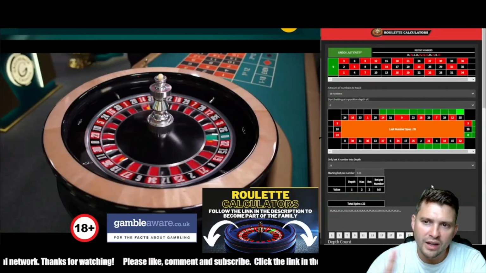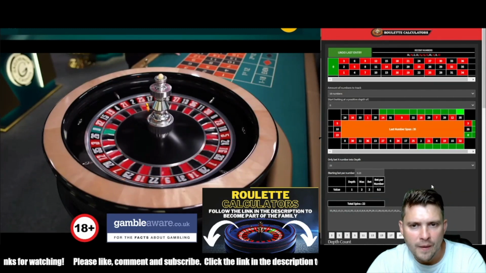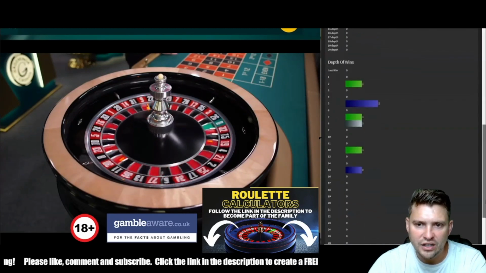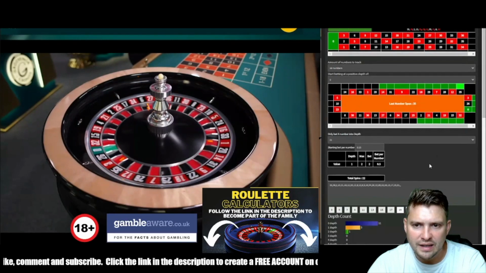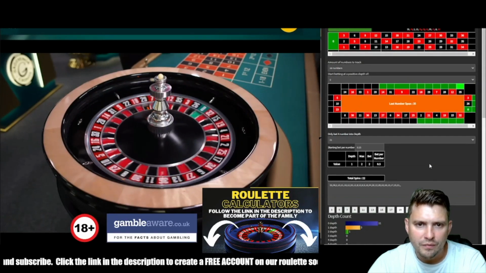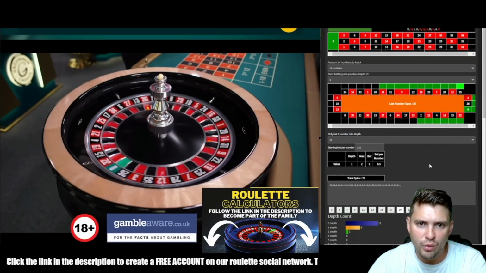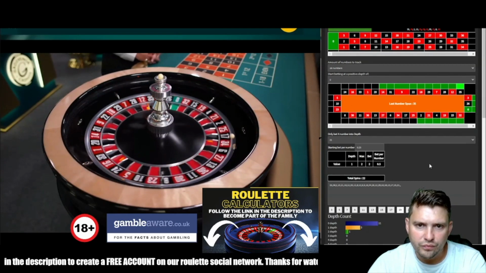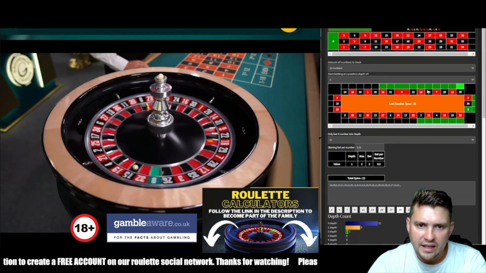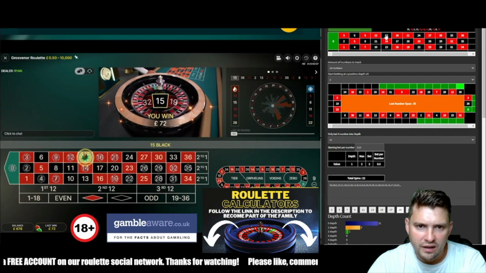We've only had one occasion where it's gone to a depth of 2, so that's why he's betting on the highlighted section right now, because he believes that depth of 1 is going to come out, because it's only ever gone past a depth of 1 once. And he's absolutely right. Number 15, it's given him the win.